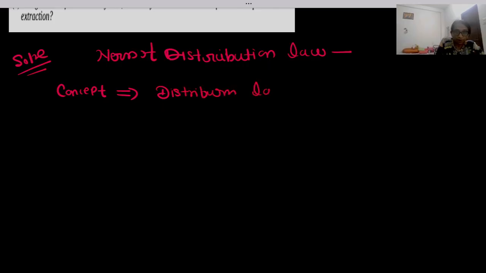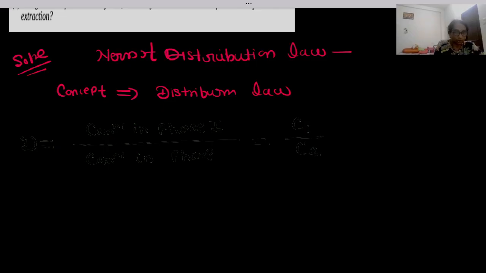Concept of this question is the distribution law, and according to this law we can write the distribution of the solute itself: the concentration in phase 1 and the concentration in phase 2, represented by C1 and C2. In your question, C2 का given value है.